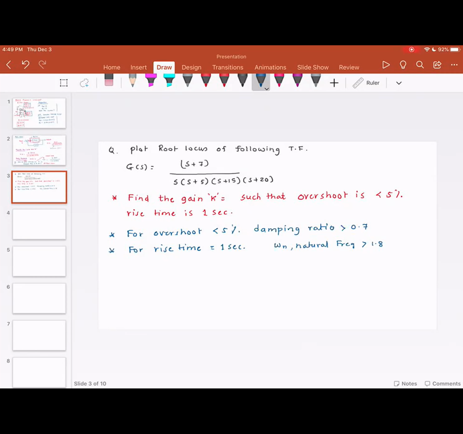And later, we are going to look at the closed loop and open loop response.